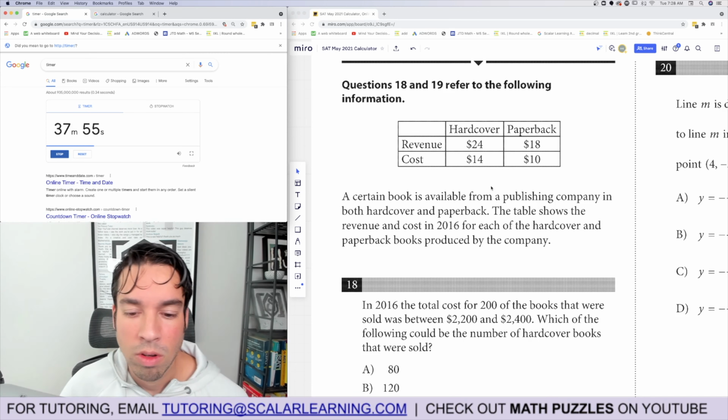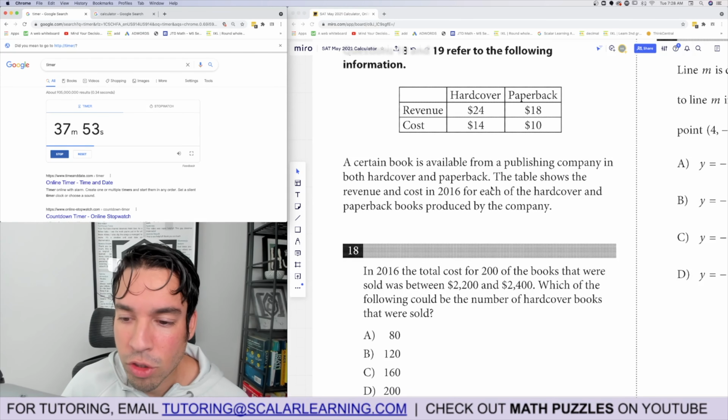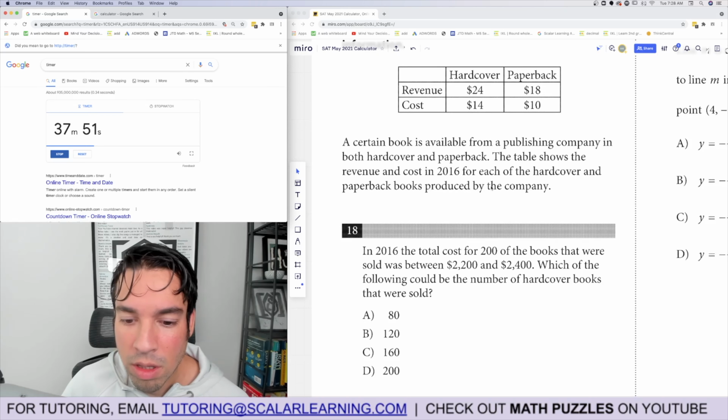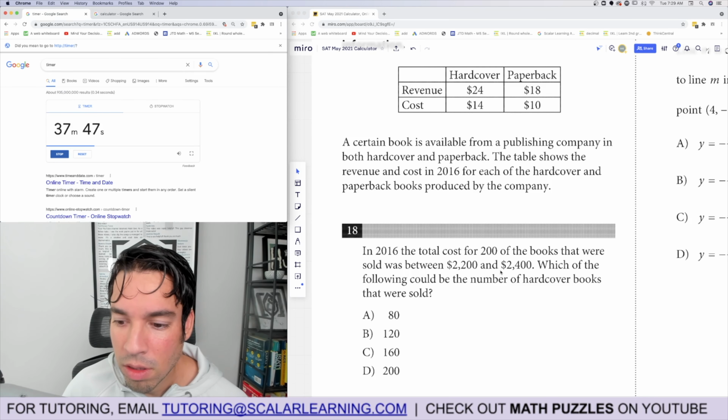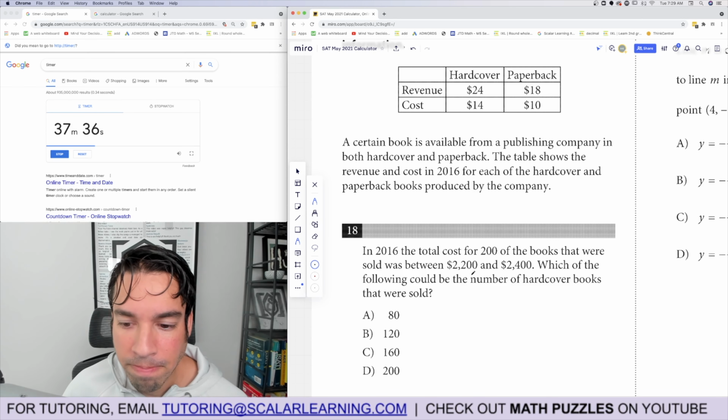All right. The total cost for 200 of the books that were sold was between 2,000 and 2,200 and 2,400. Okay. The number of hardcover books that were sold. Okay, hold on. Let me think about this for a second. I'm assuming some of these are going to be beyond the 2,400.